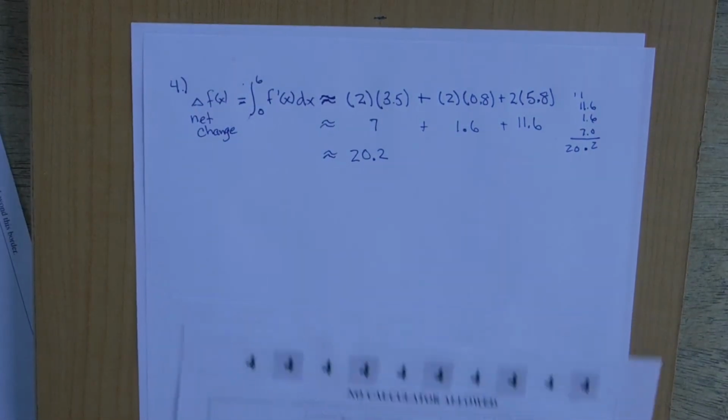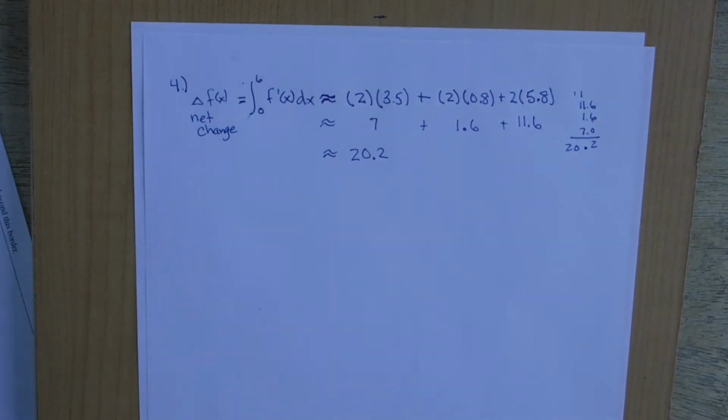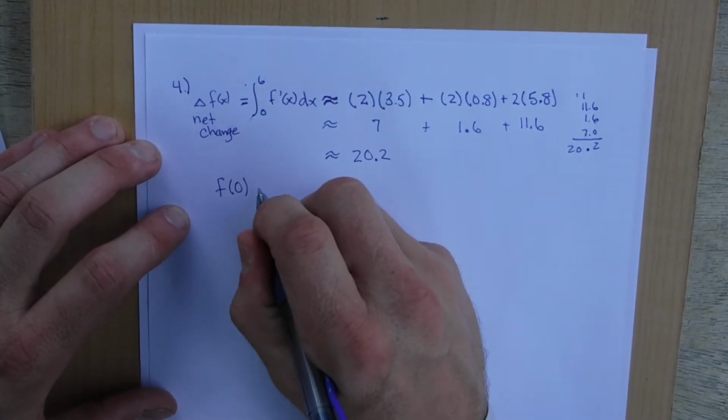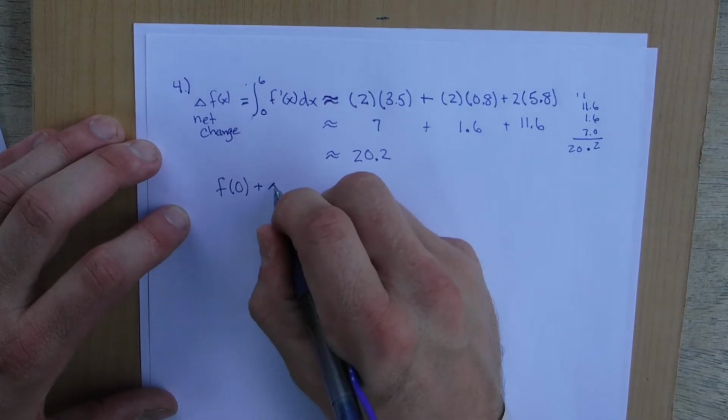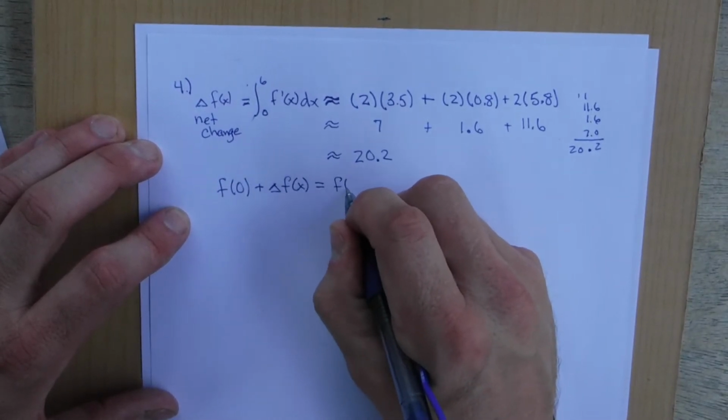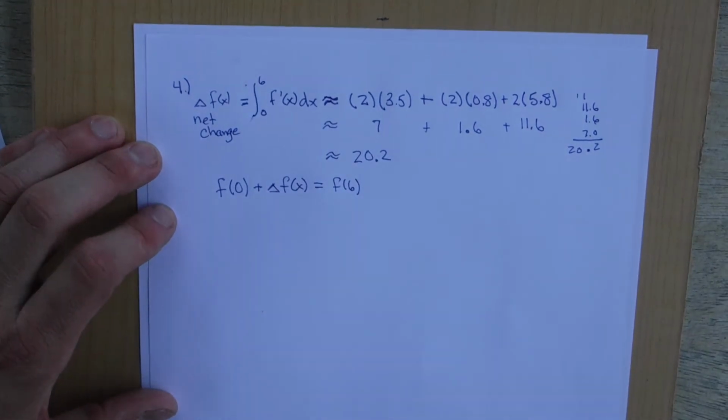Okay, now, net change. That means if I start at 0 and I go to 6, it's going to change a positive 20.2. So, if I start at 0, I'm going to change, and I'm going to end up at f of 6.